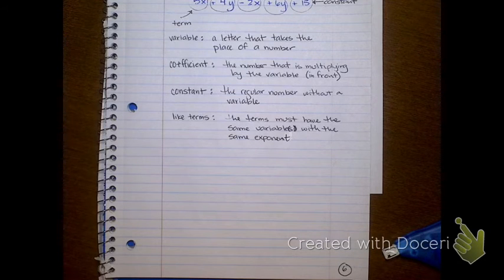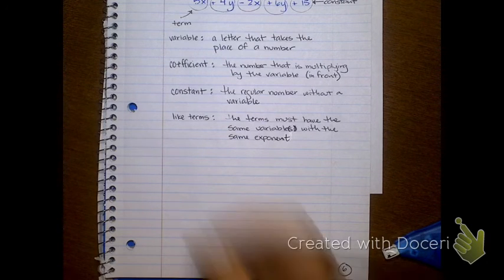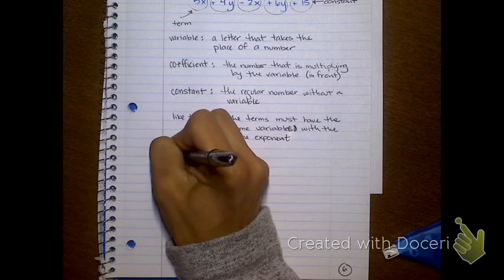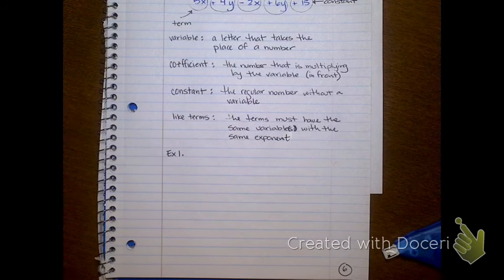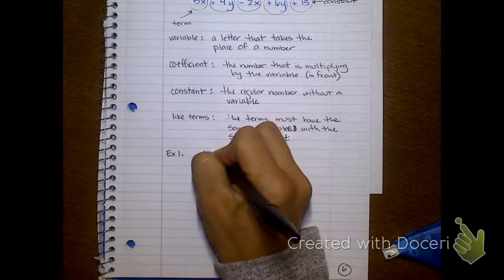Now, when we're combining like terms, we can only combine the ones that are alike. We can't combine different kinds. Okay? So we're going to do some examples. Here's your first example.